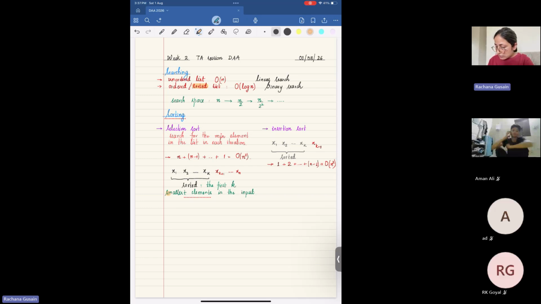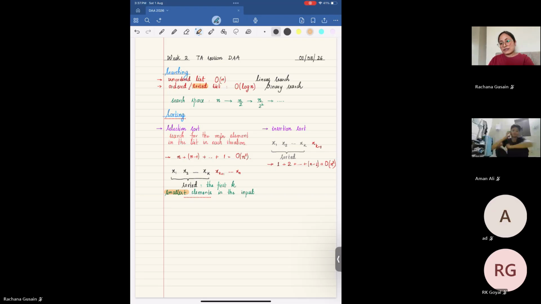So the key here is that these are the smallest elements. Okay. What about in the insertion sort?